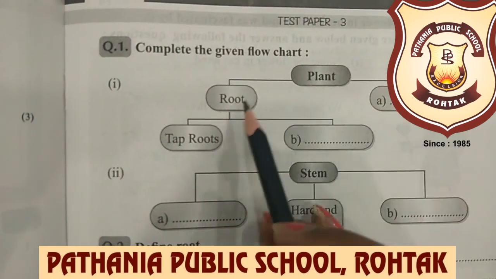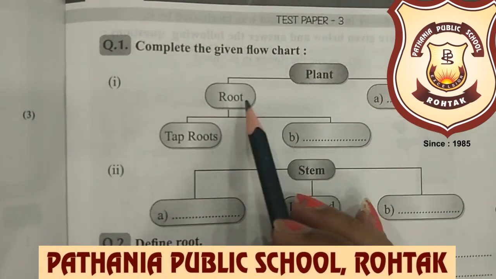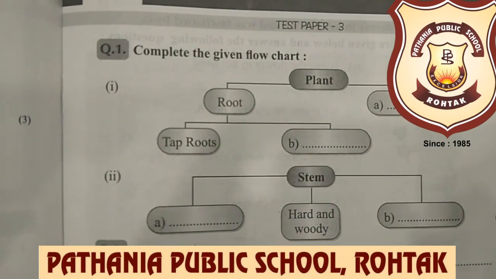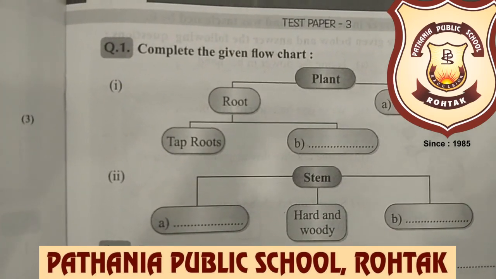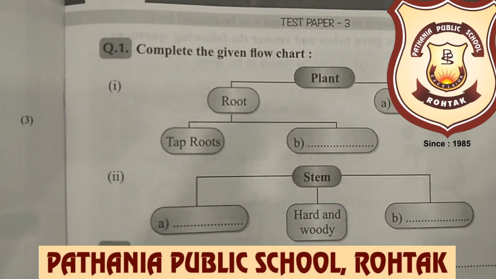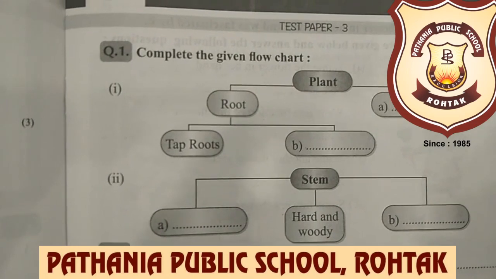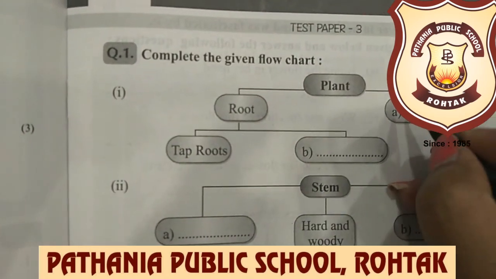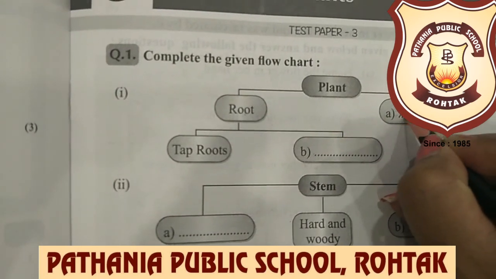So we need to think in which two systems the body of a plant is divided. Yes, correct. The body of a plant is divided into two systems, root and shoot. Root is written here, so we will write here shoot.